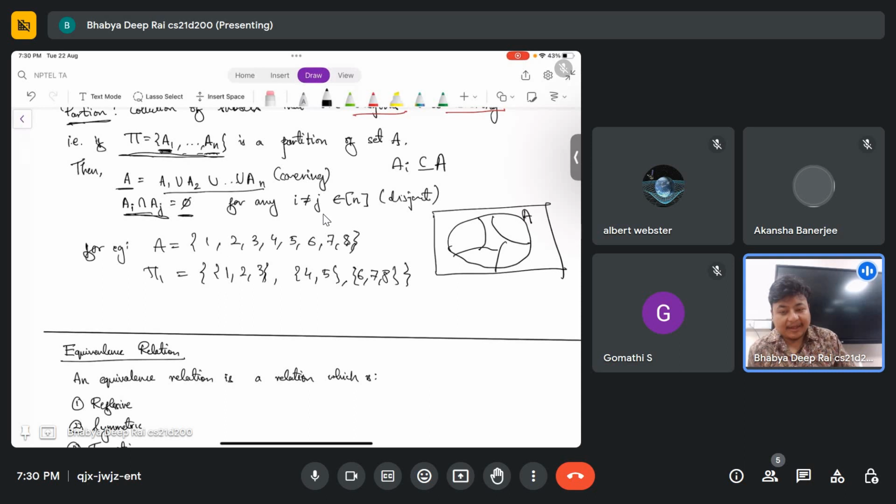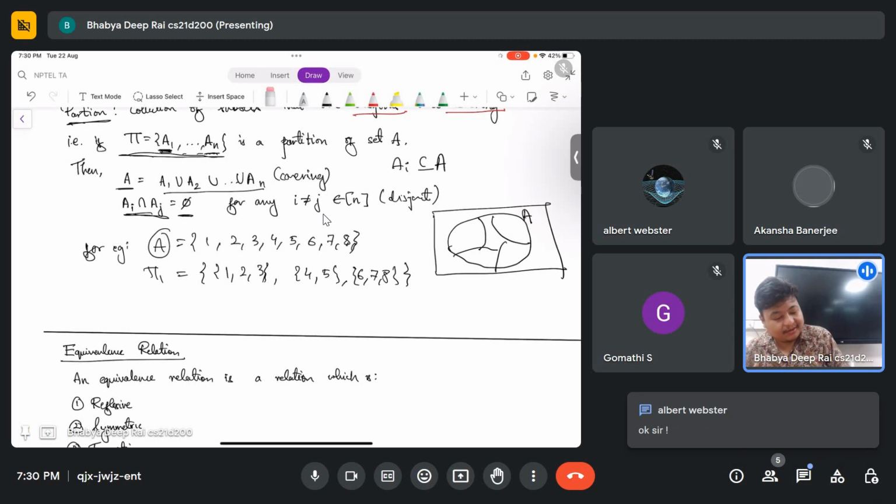Firstly, take the union across all: 1, 2, 3, 4, 5, 6, 7, 8. Do you get the original set? Yes, I get the original set. Next, do they share elements among each other? No, they do not share any elements among themselves. So since they don't share, it is a partition. Yeah, good.